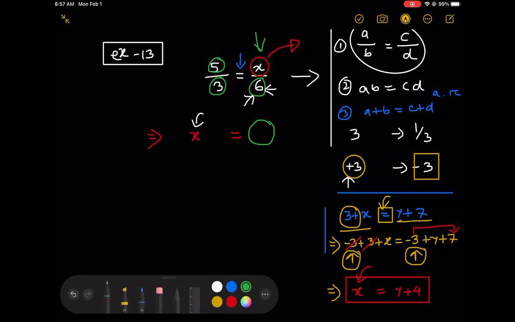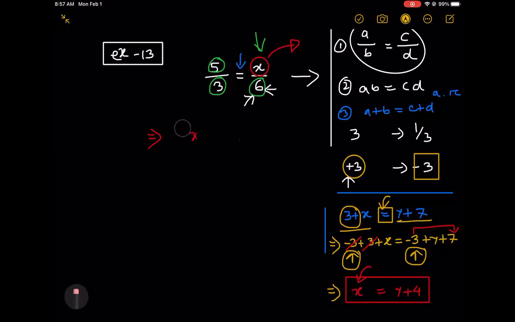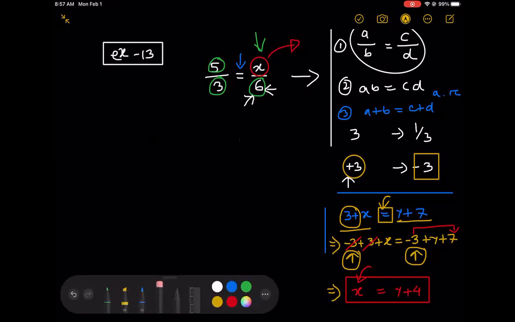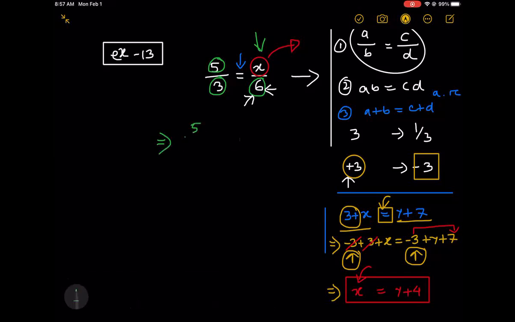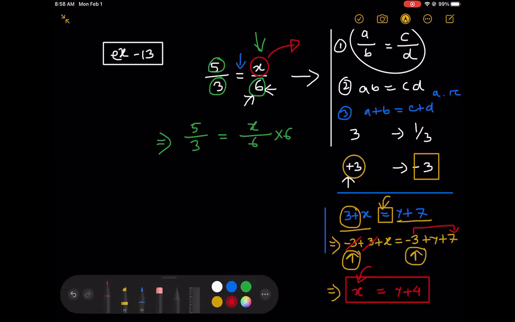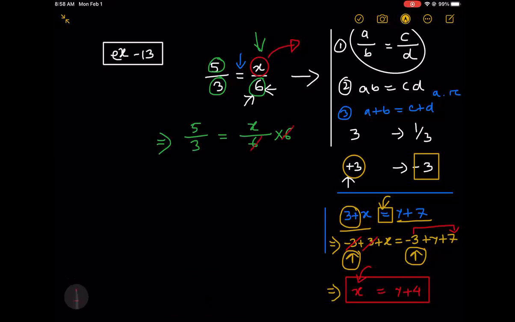So if we somehow multiply this side by 6, let me use another line here because there are too many colors and I might get tangled in between. So let's avoid it. So I have a 6. And if I multiply it by a 6, I can clearly see that this will help me to isolate my x, right?